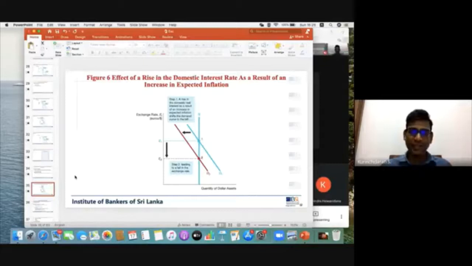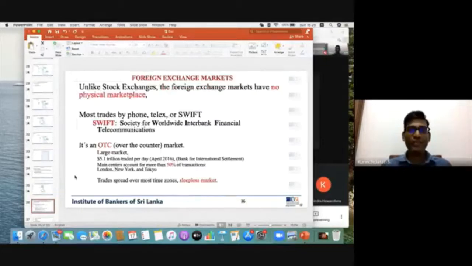Okay, so then we are going to see who the players are and how they deal with foreign exchange rates, do the transactions and trades, and get the benefit out of that.